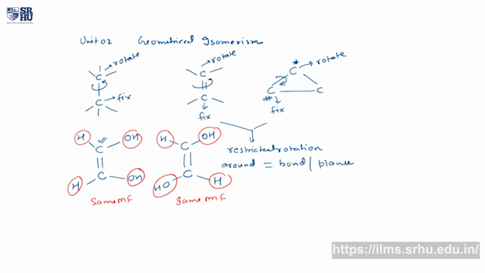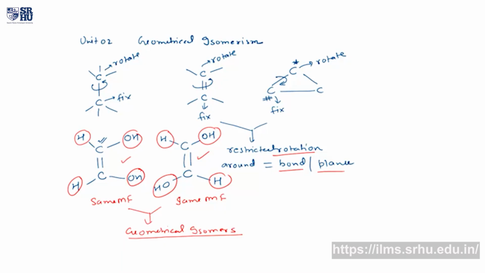So hence these two are known as geometrical isomers. Why? Because geometrical isomerism arises due to the restricted rotation around the double bond or the plane. So due to restricted rotation we can get two orientations, two types of isomers.